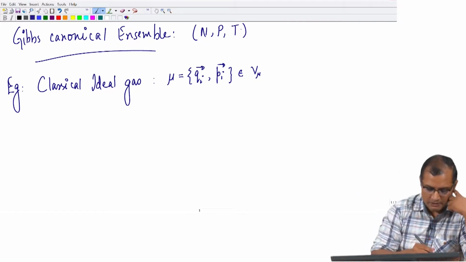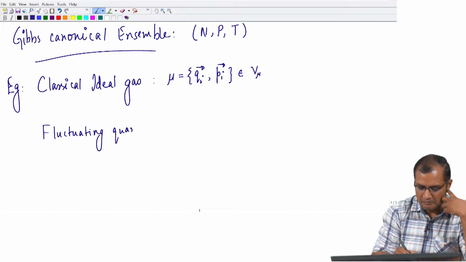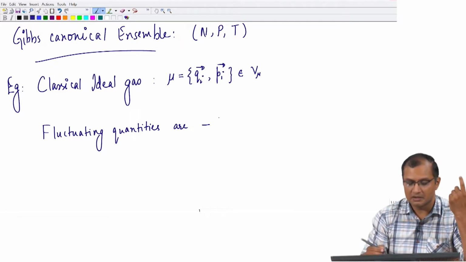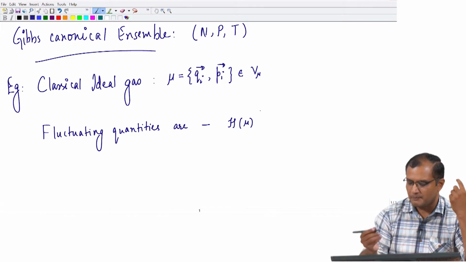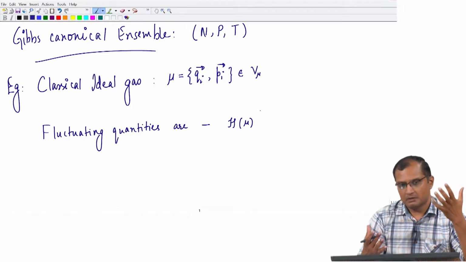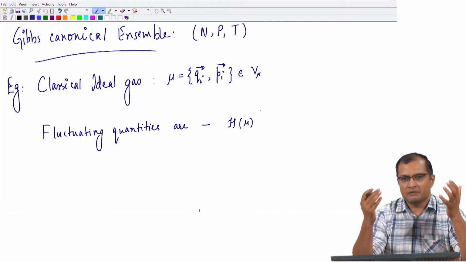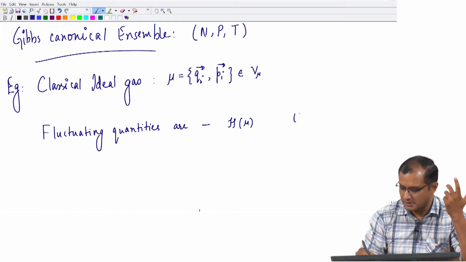So, just recall that the fluctuating quantities in this system are basically the Hamiltonian. So, if you fix the volume, then you have to allow for energy exchange in order to keep the total temperature constant. Okay.